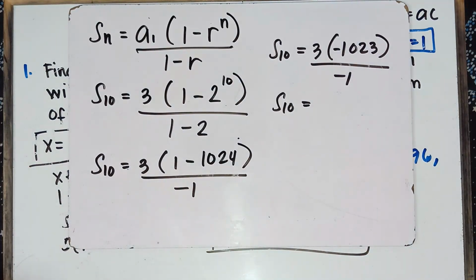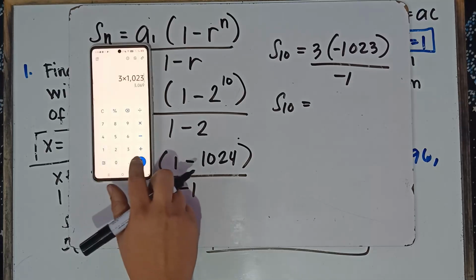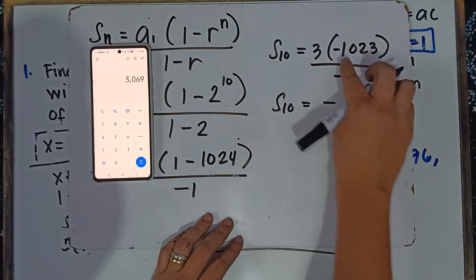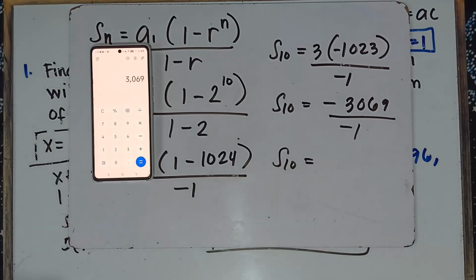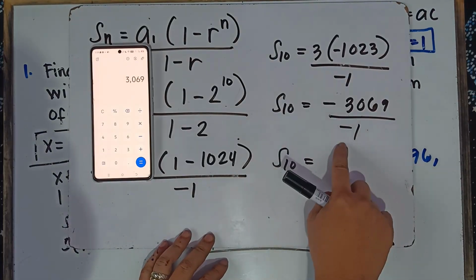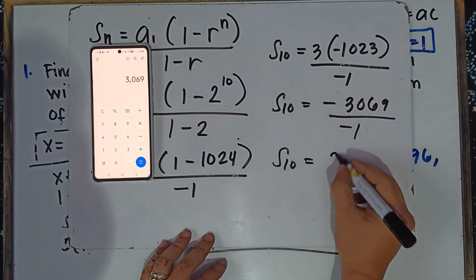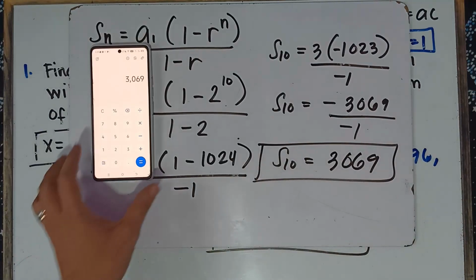Use your calculator. 3 times 1023 would be negative 3069, because this is negative. Divide by negative 1. So S sub 10 equals, negative divided by negative is positive. 3069 divided by 1 would be 3069. That's it, class. Same answer, class. All set.